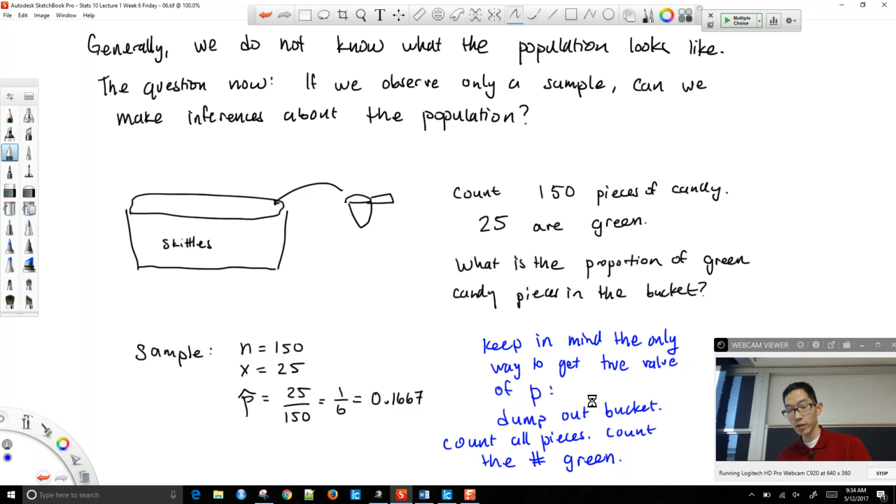All right, and so you might have a couple thousand pieces of candy and several hundred that are green. That's the only way you can get the true proportion P.